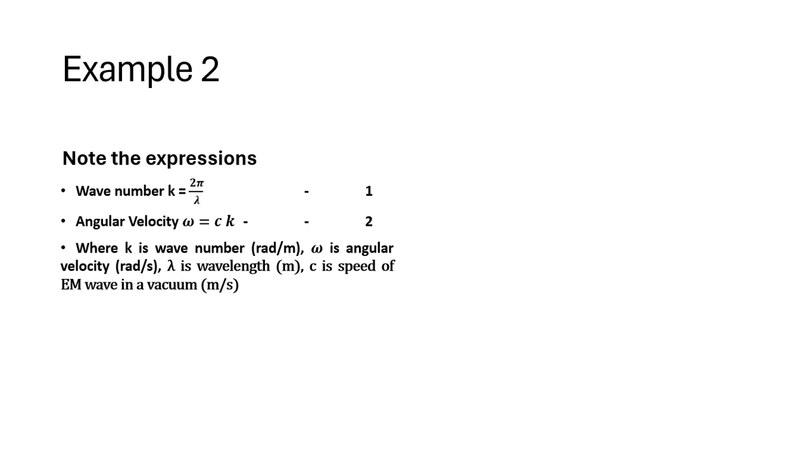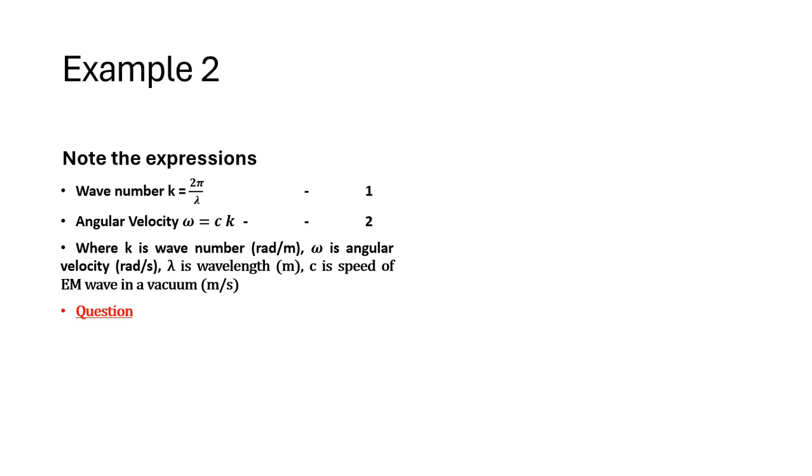I would like to emphasize the SI units of these quantities: the wave number in radians per meter, the angular velocity in radians per second. They are very important, even those of wavelength and velocity.